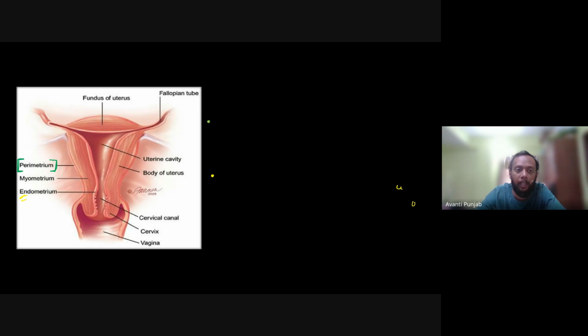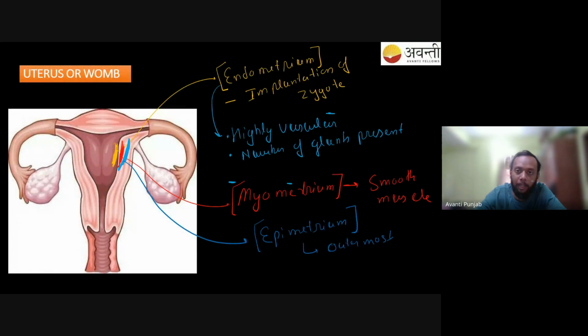One more thing I have to tell you, that implantation आपका generally uterus के अंदर होता है. Implantation is something you will find always happening in the uterus, and that in the endometrium.